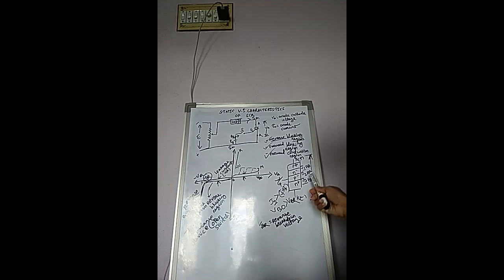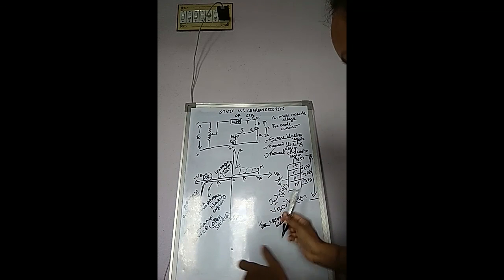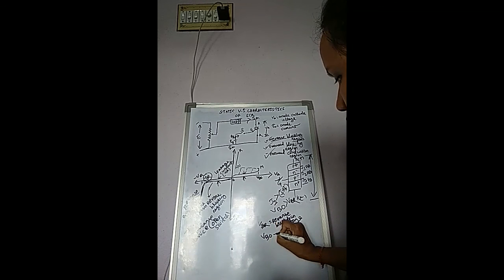That avalanche breakdown occurs at a critical level of the anode to cathode voltage. That level is the VBO, forward breakover voltage.